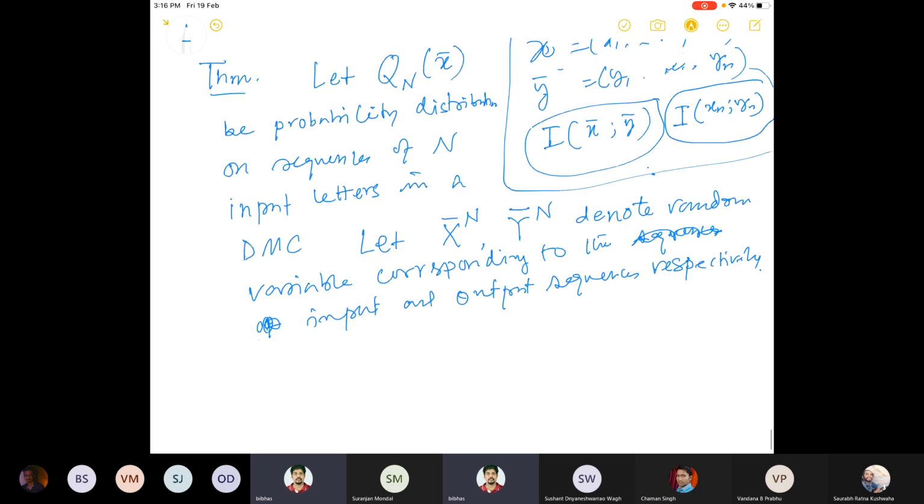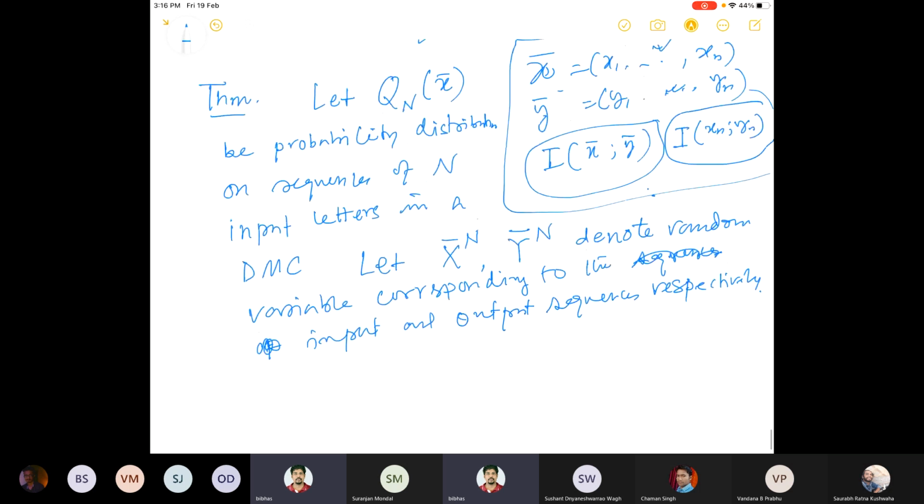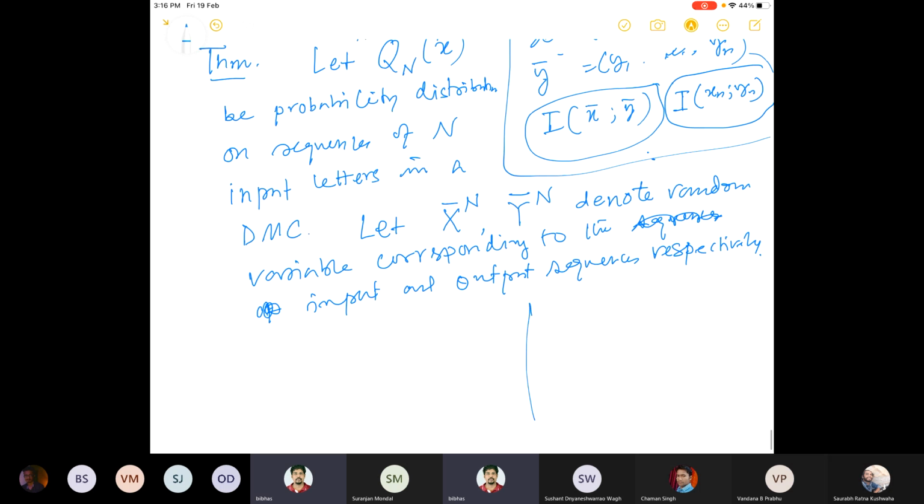First of all, what is Q_n(x bar)? Just recall, all these Xi's, X1, X2, up to Xn, belong to the set 0, 1, up to K minus 1. All these Yi's belong to 0, 1, up to J minus 1.